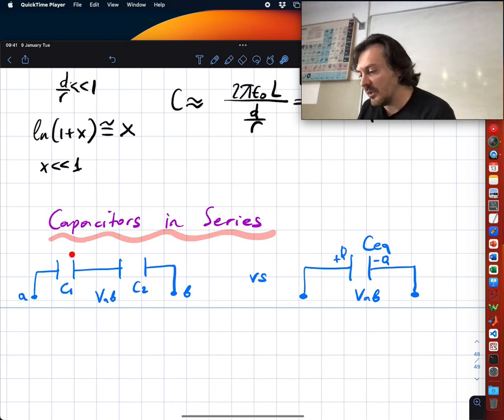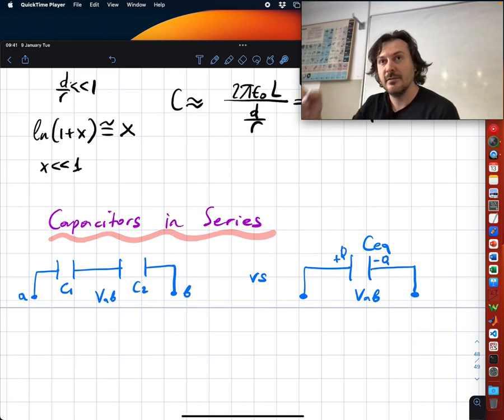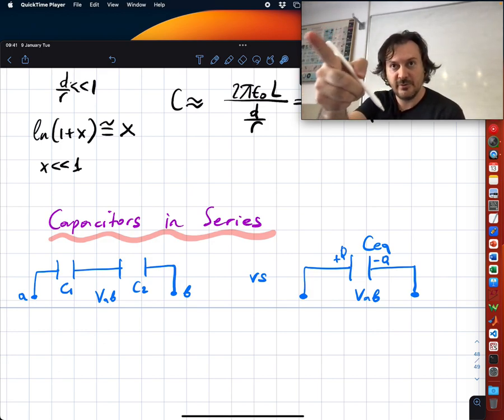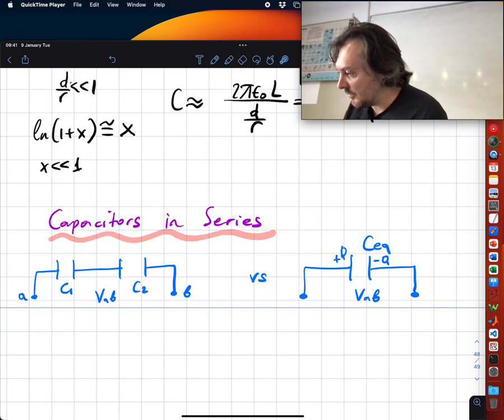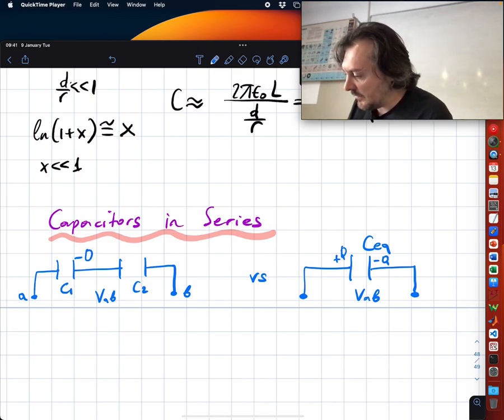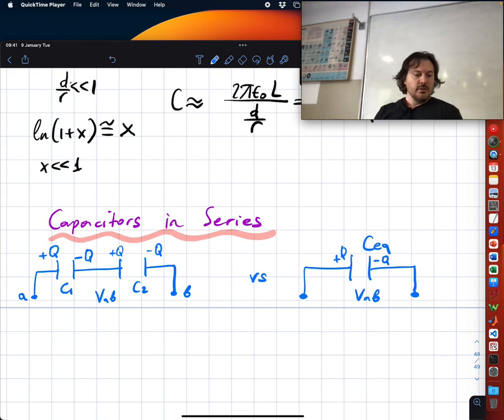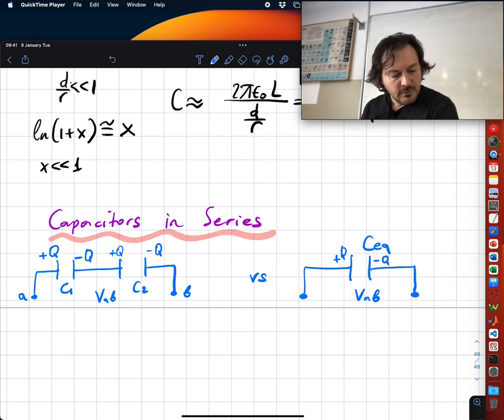So the total charge on this one must remain 0. Whenever this is minus Q, this is plus Q. So what you should remember is that when capacitors are in series, they get the same charge.